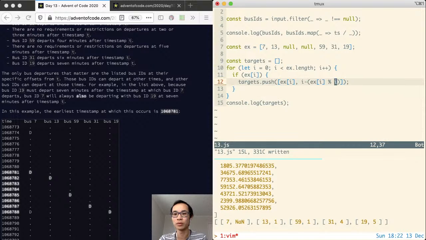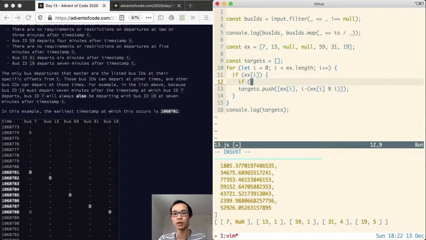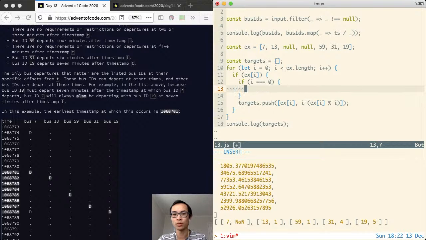You can't mod 0. Probably something like that. 0 minus 0 is 0. If i is 0, we just push xi 0, else that.